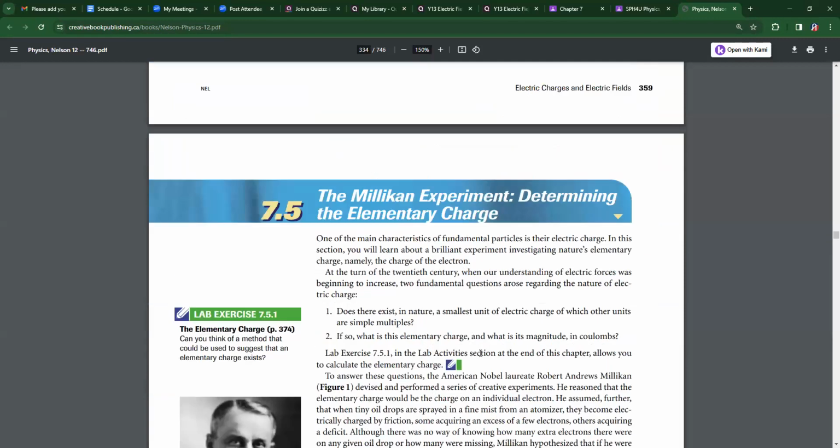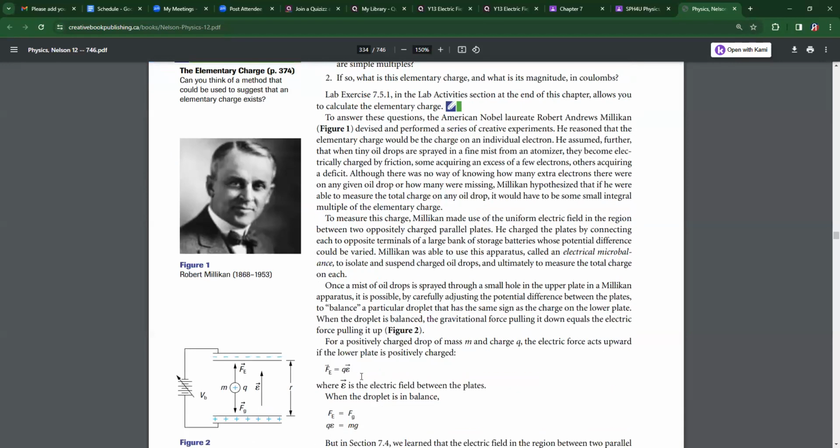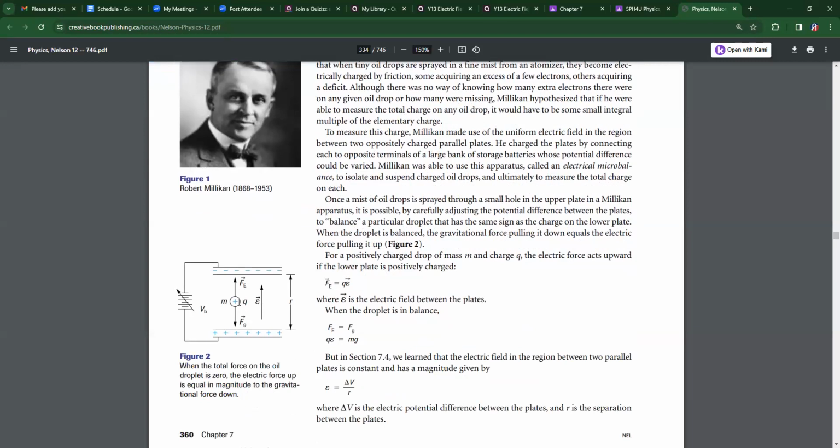Okay, so the Millikan experiment. What Millikan did was measure the motion of a charged particle in an electric field. And his huge discovery was that he found the charge of an elementary particle, the charge of the electron. He was putting a charge between two charged plates and making balanced motion.